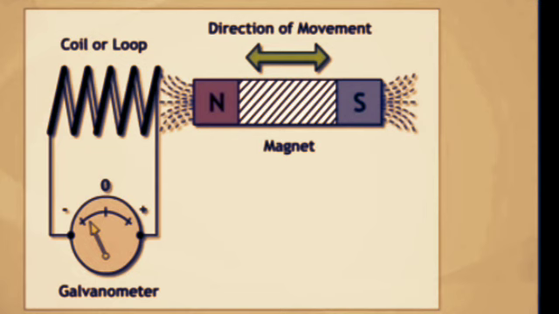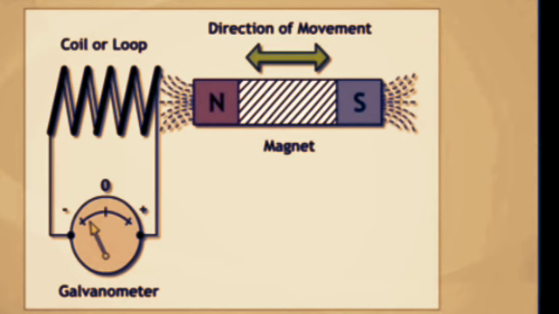But if an electric conductor is moving in a magnetic field or the magnetic field around a stationary conductor is changing, what will happen? This research was done by the great scientist Michael Faraday.